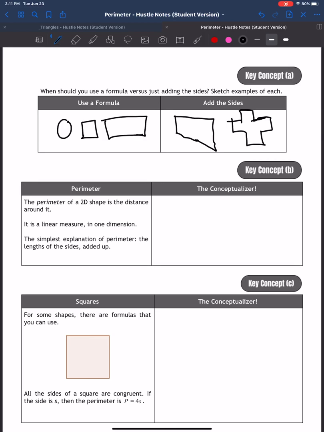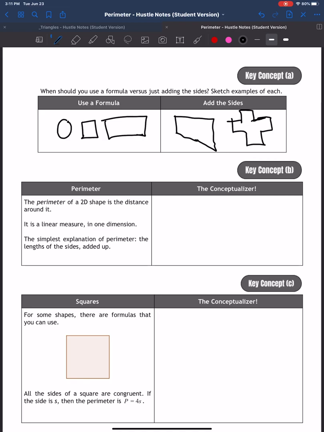The perimeter of a 2D shape is the distance around it, a linear measurement in one dimension. The simplest explanation of perimeter is the lengths of the sides added up. So, if you laid a rope along the edge of the shape, how long would the rope be?